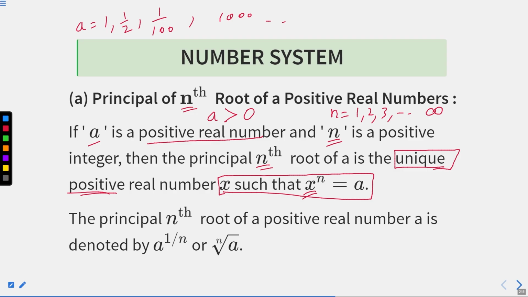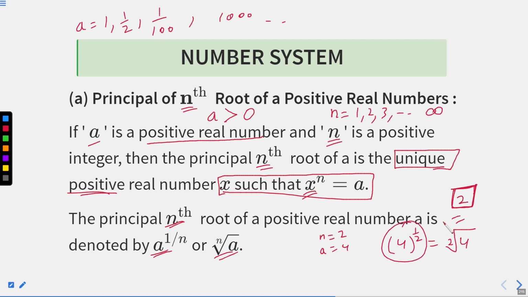So the principal nth root of a positive real number A is denoted by this or this. For example, taking n equal to 2 and A equal to 4, the principal square root of the positive number A, which is 4, is denoted by this. That means 4 raised to the power 1 by 2, or the square root of 4. We know the answer is 2, so it is a unique number.